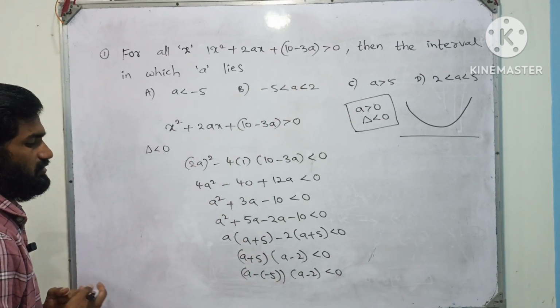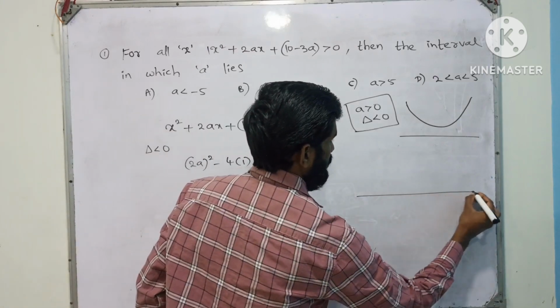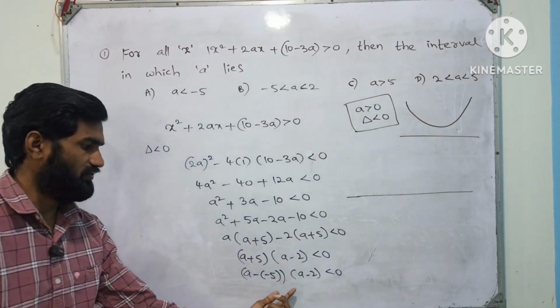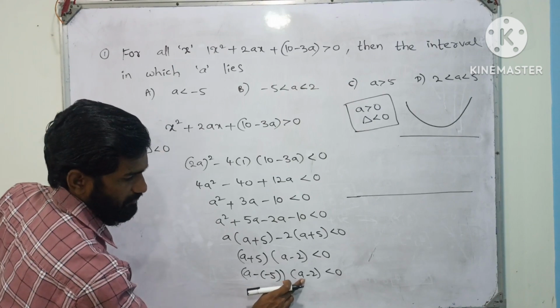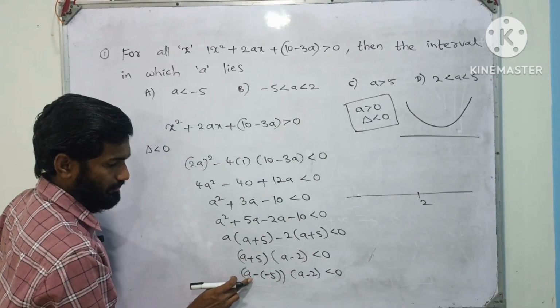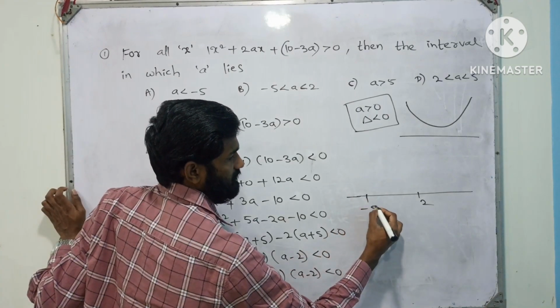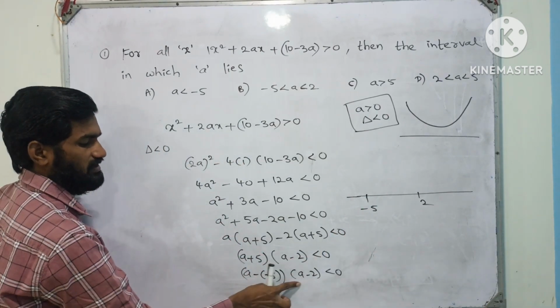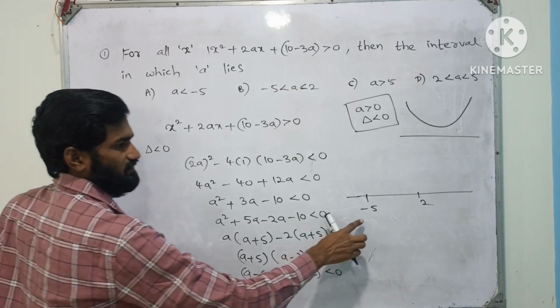Now here a plus 5 into a minus 2 less than 0. Let us take what are the values of a here. If I take a minus 2 equal to 0, I will get 2. If I take a plus 5 equal to 0, I get minus 5. I have just taken the roots of this quadratic equation, minus 5 and 2.